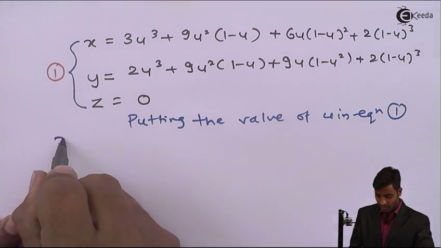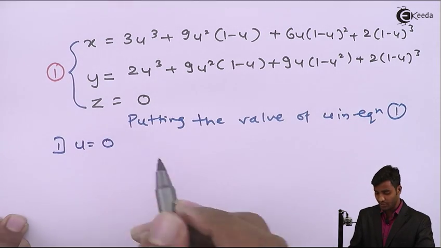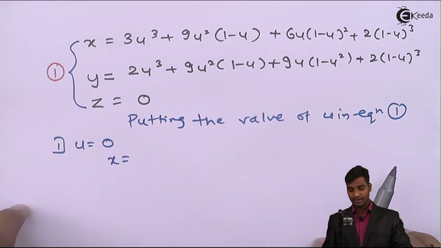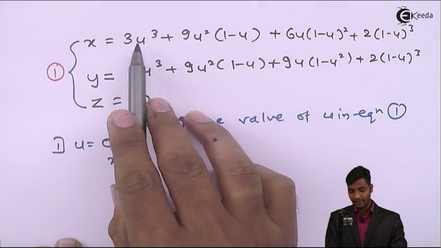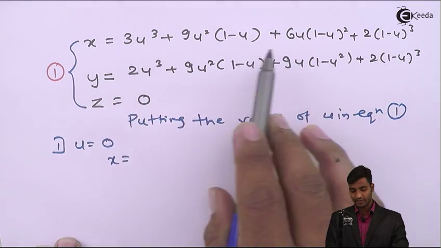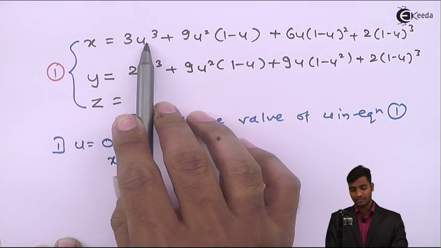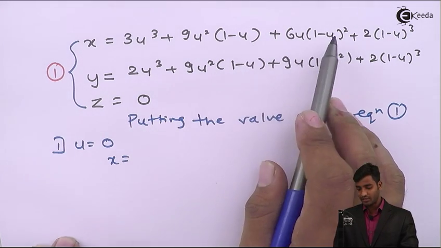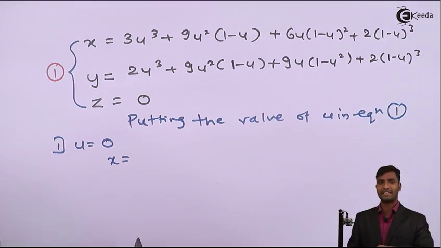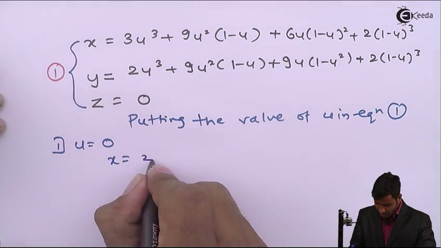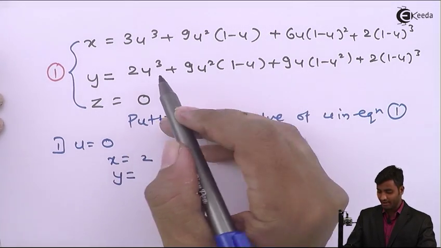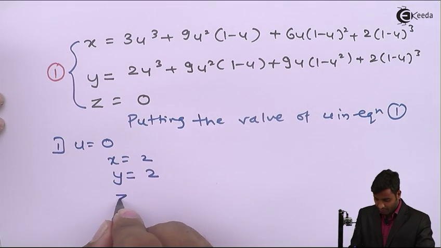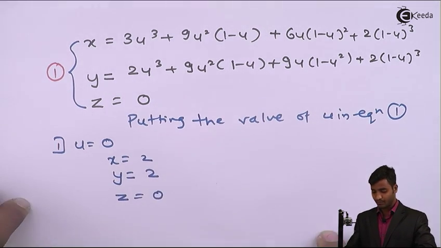So for u equal to 0, x will become, we are just replacing the value of u in this equation. In the first equation for x, I will replace this u by 0, this u by 0, this u by 0, this u by 0, this u by 0. So I will get the value of x as 2. Similarly for y, if I replace the value of u as 0, I will get 2, and for z it is 0.